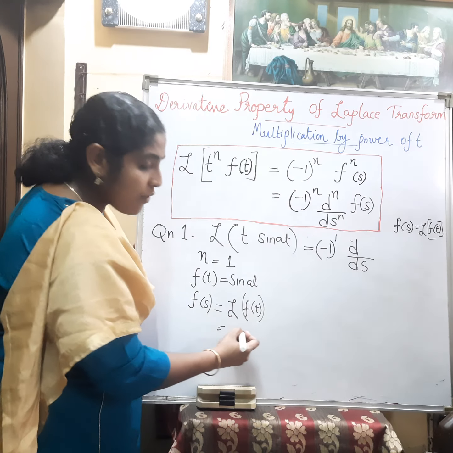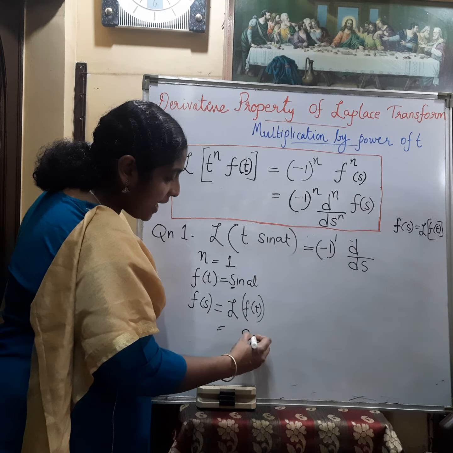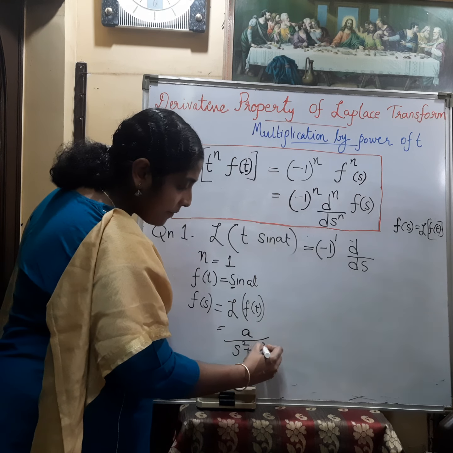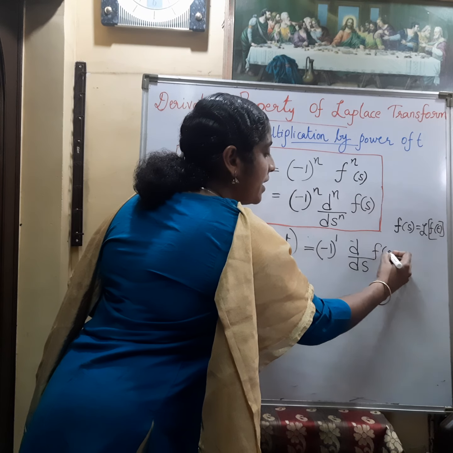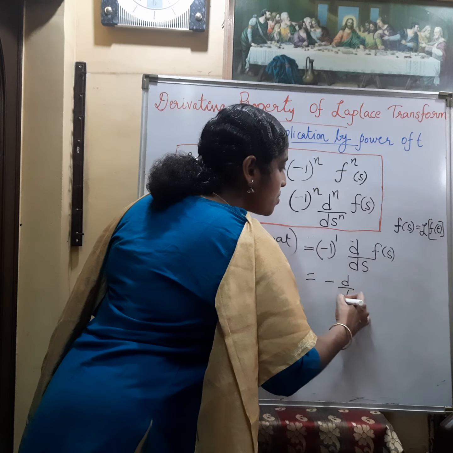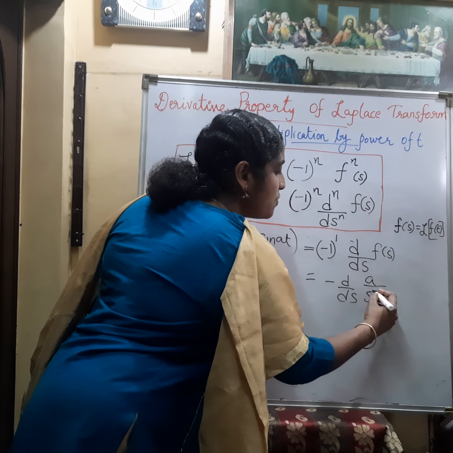What is the Laplace transform of sin at? It is a divided by s square plus a square. So here it is minus d/ds of F(s), where F(s) is a divided by s square plus a square.